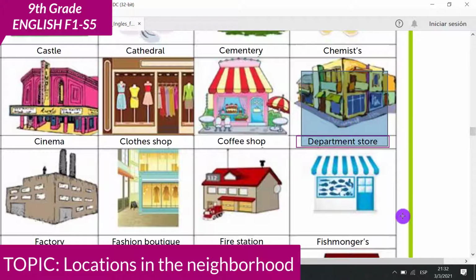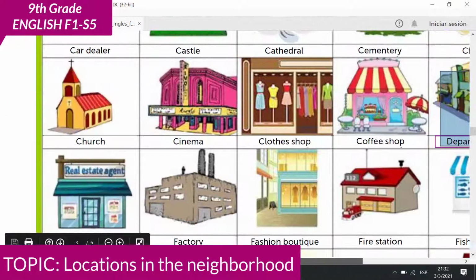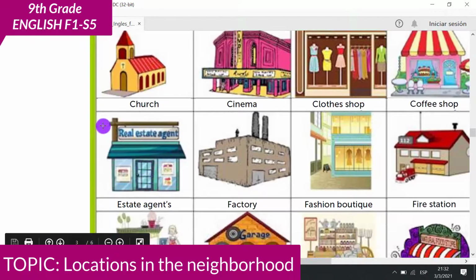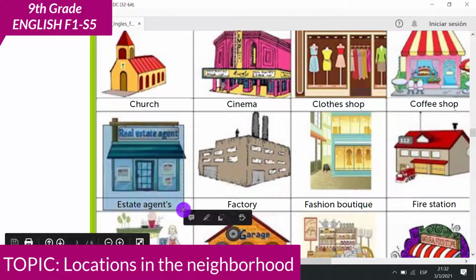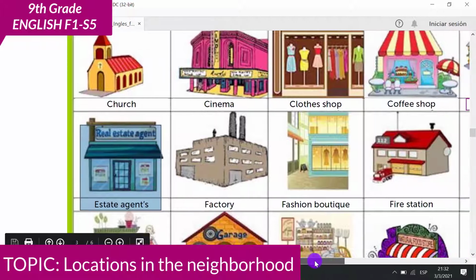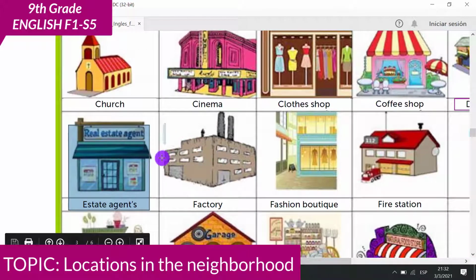That's a department store. Estate agents. Son los vendedores de bienes raíces, los vendedores de casas.